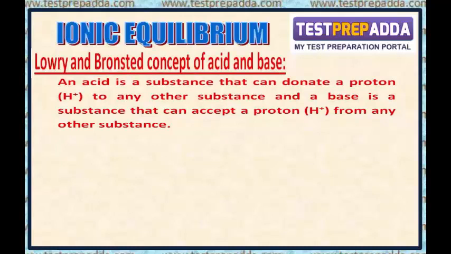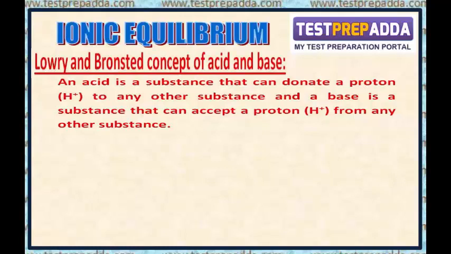According to this theory, an acid is a substance that can donate a proton, that is H plus, to any other substance, and a base is a substance that can accept a proton from any other substance.